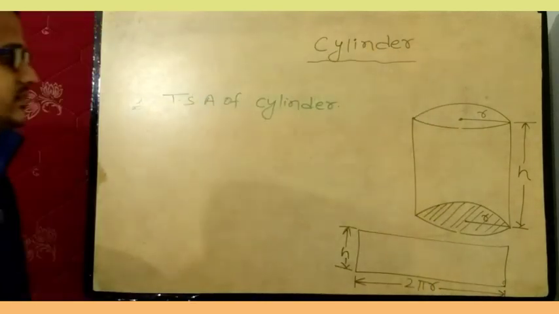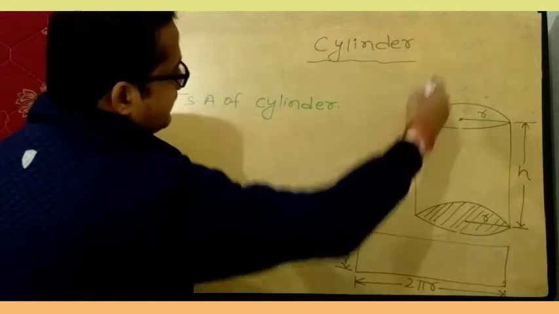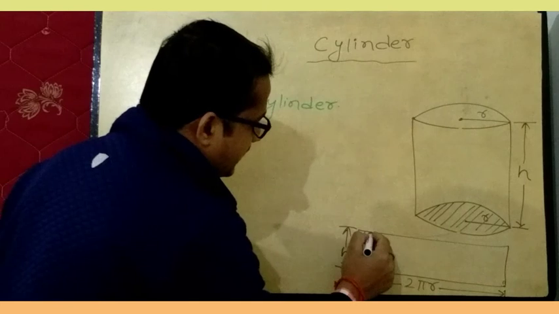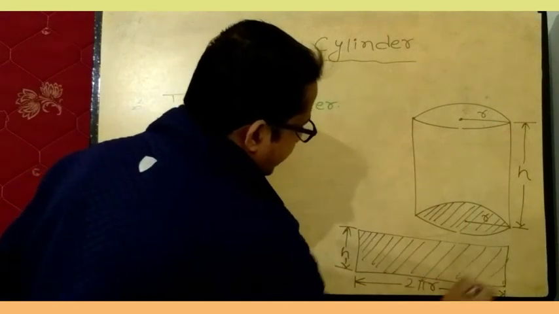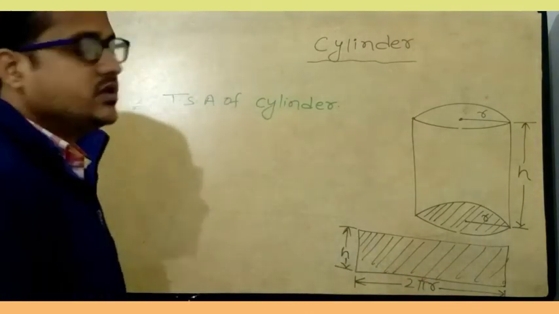So if I open this cylinder parallel to height, I get a rectangle having length 2 pi r and breadth h.